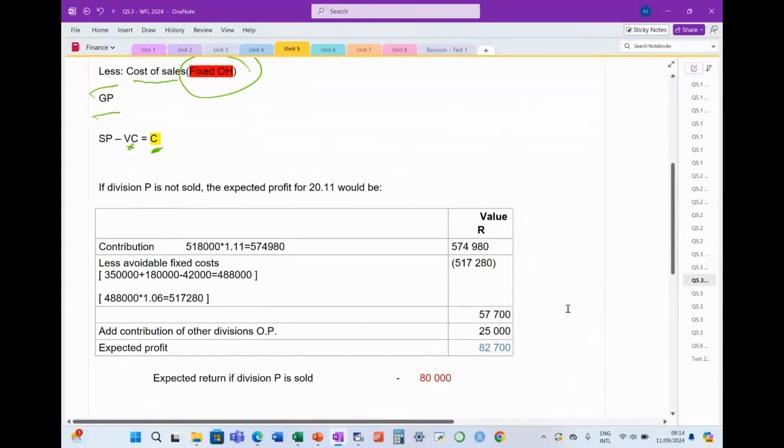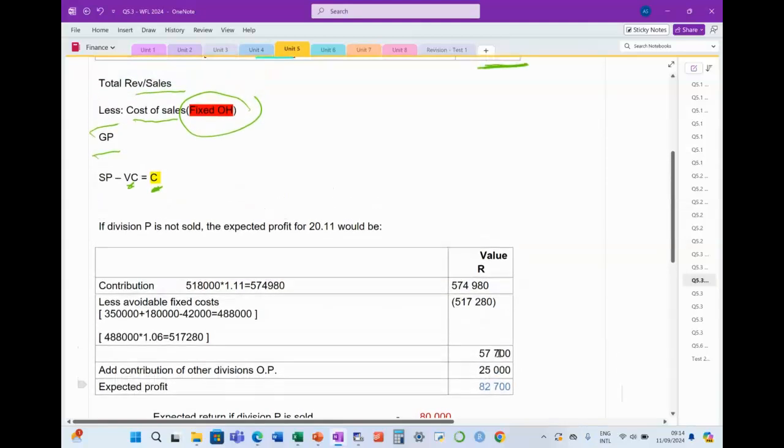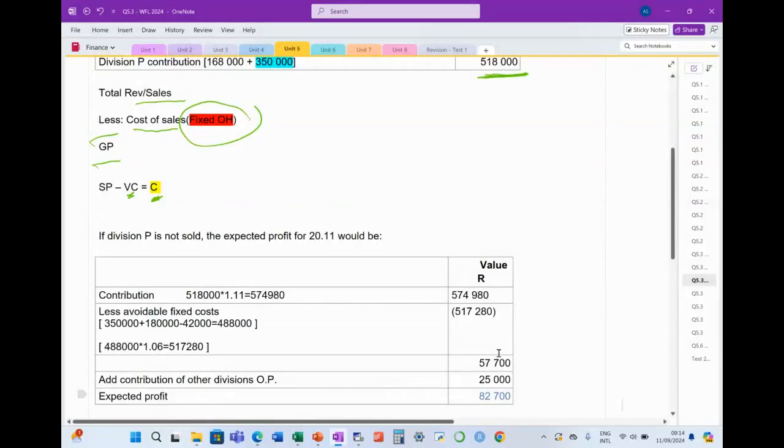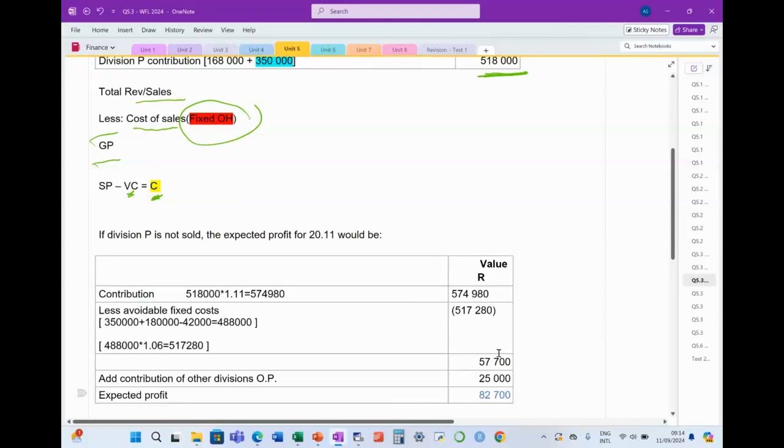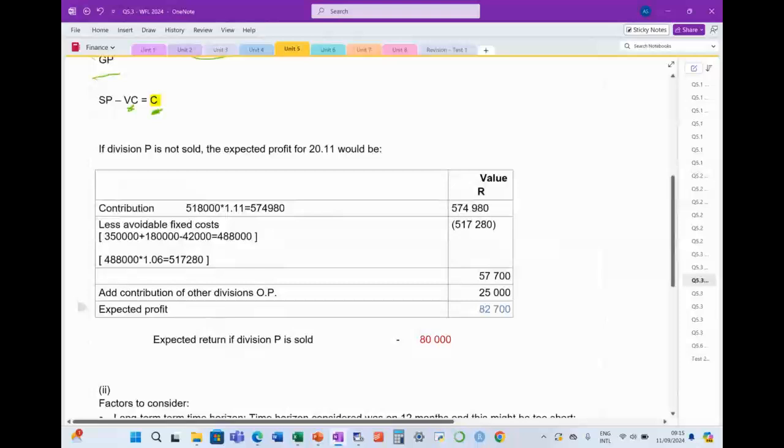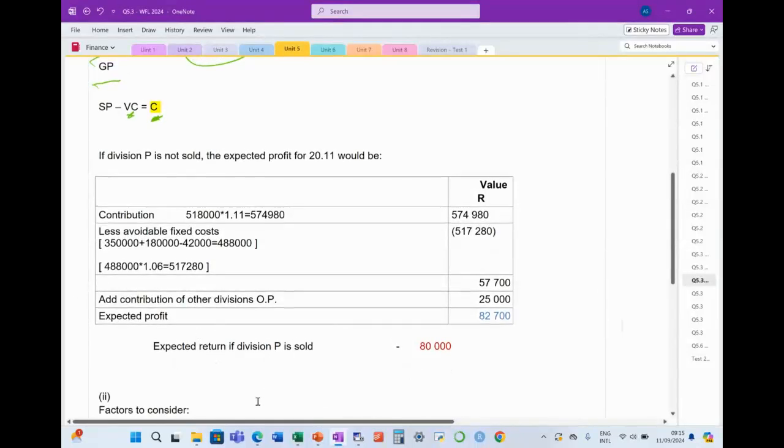Okay, right. So then you've got 82,700. That's the profit that we get from keeping division P. And remember, the only other thing that we saw is that we get a yield of 80,000 a year from the investment that we make when we sell division P. So what are you going to do?